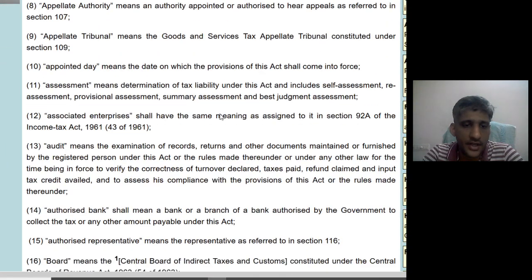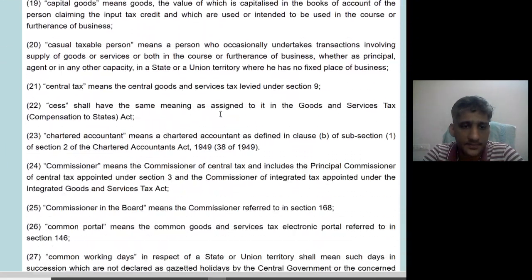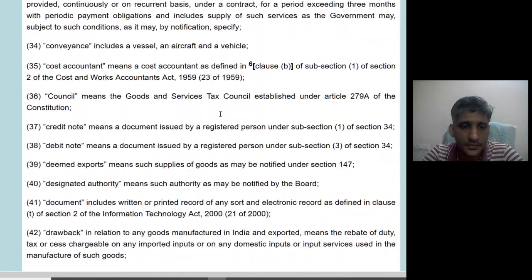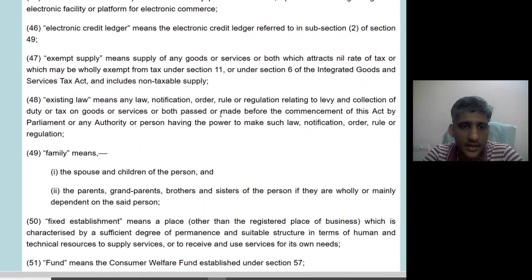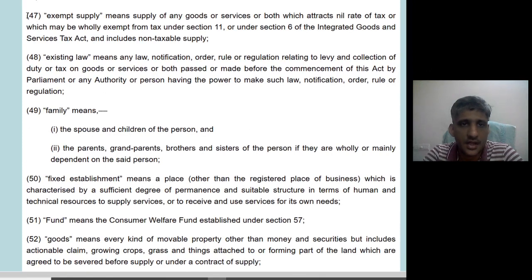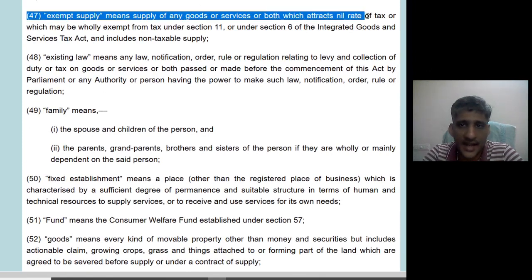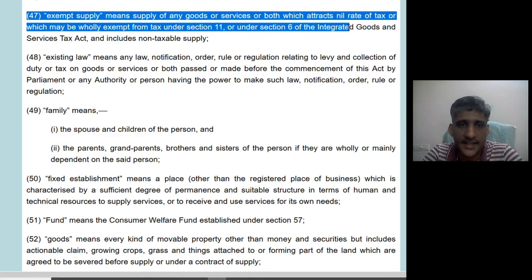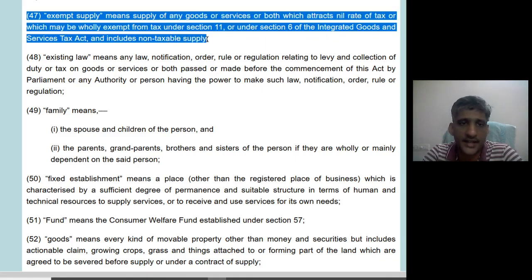If you go to the definition of the words exempt supply, exempt supply means supply of any goods or services or both which attracts nil rate of tax or which is wholly exempt from tax, or under section 6 of the IGST Act, and includes non-taxable supply.